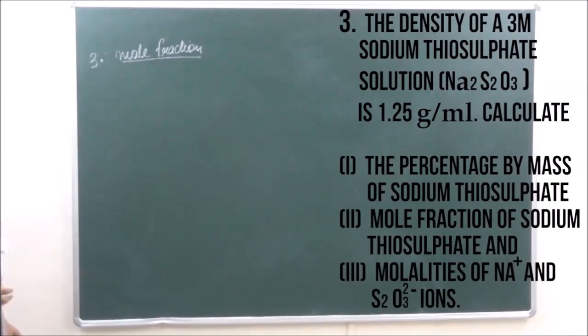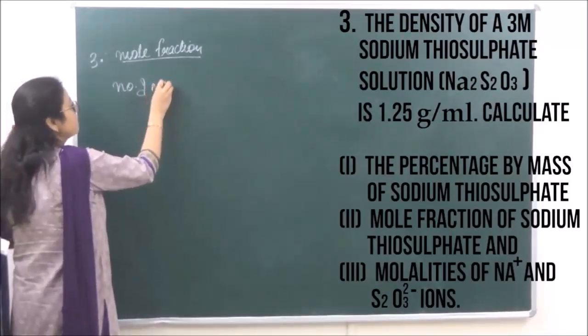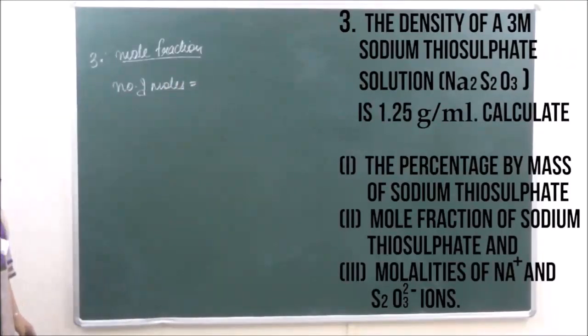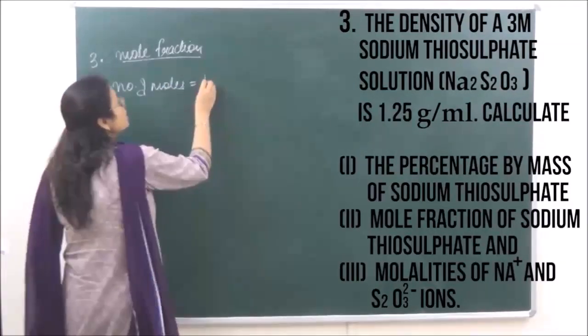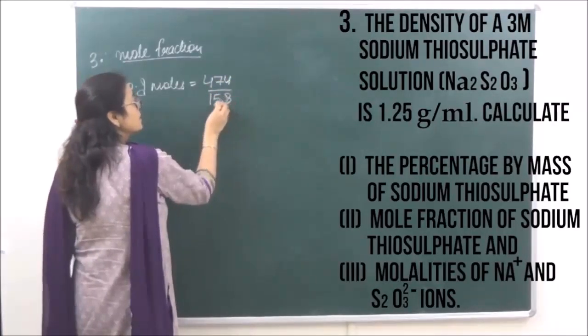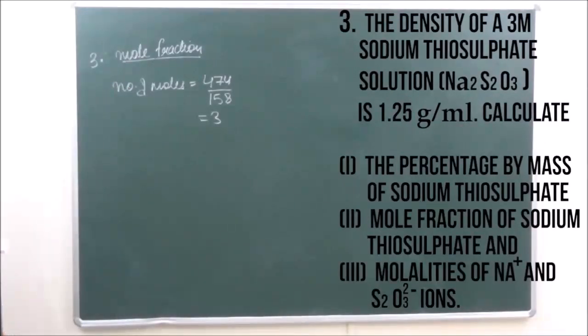Number of moles is equal to weight given upon molar mass. When you calculate this, it comes to 3.